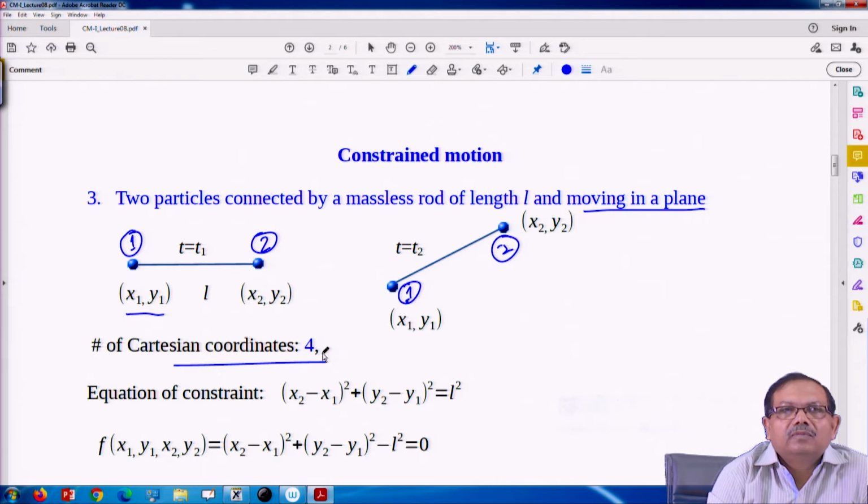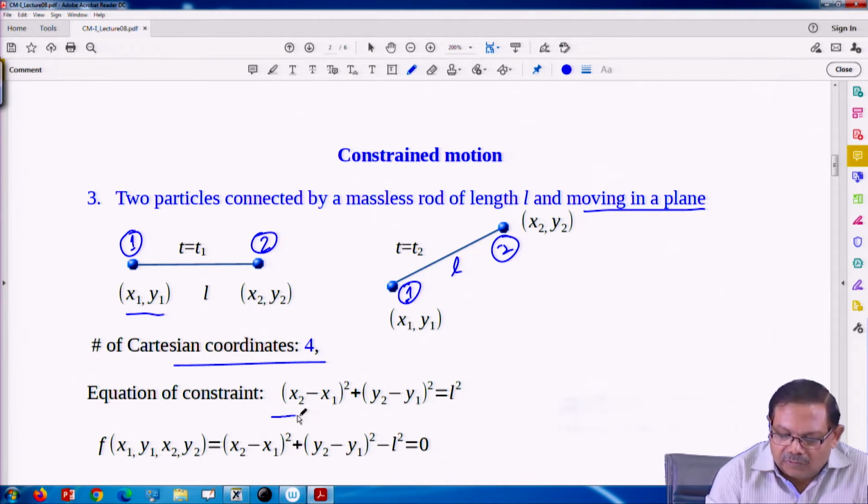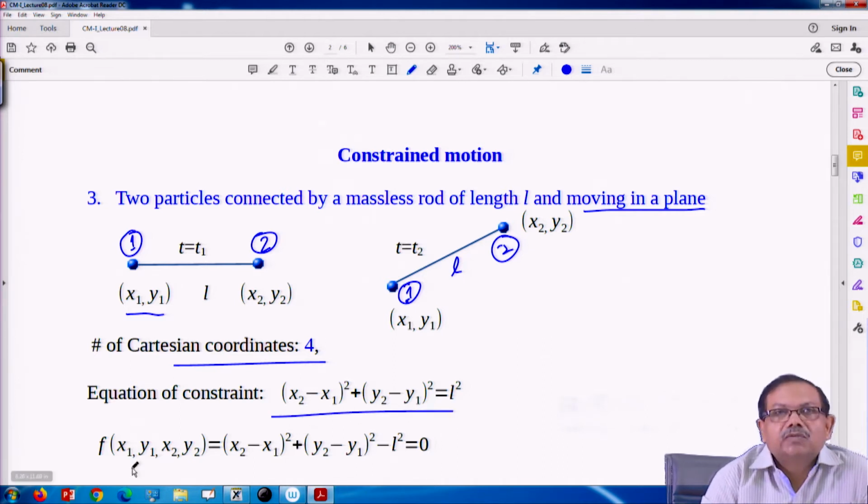So, I require 4 coordinates, but then there is an equation of constraint. The rod length is always fixed, which is L. So, L is the length of the rod and that is always fixed. So, that says (x2 minus x1) whole square plus (y2 minus y1) whole square equal to L square.